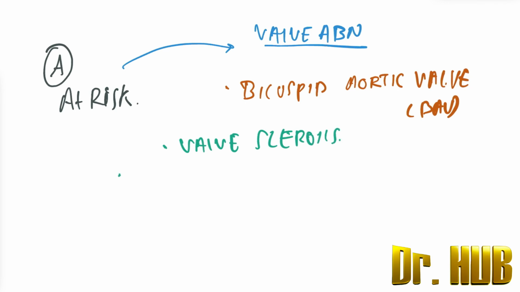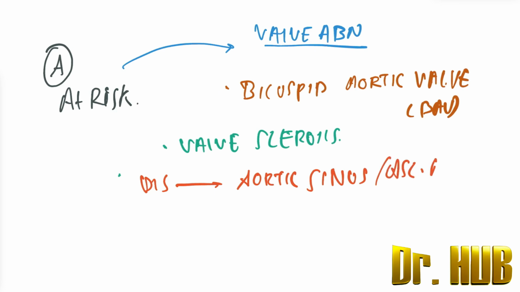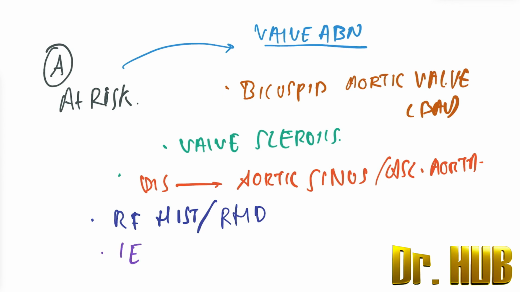Then comes the disease of the aortic sinus as well as the ascending aorta. Then the rheumatic fever history. Then comes the IE. This IE stands for infective endocarditis.